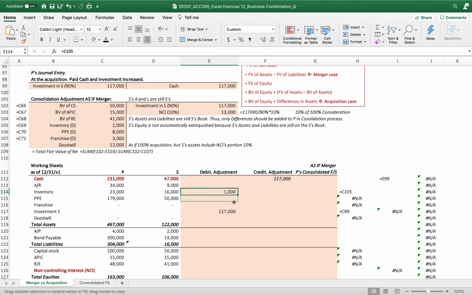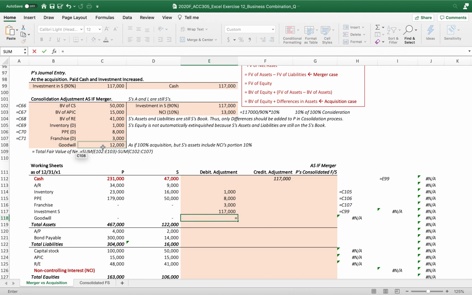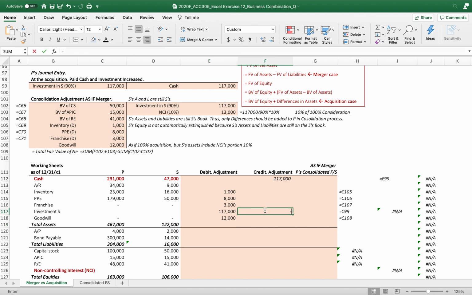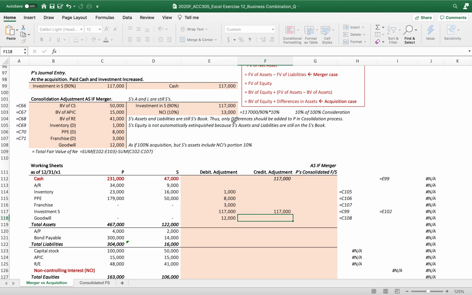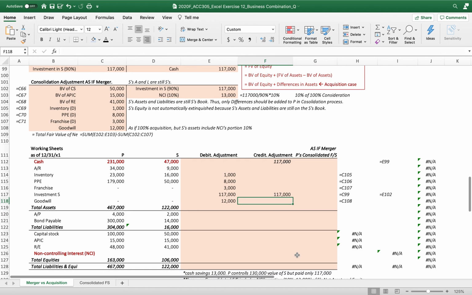Then I put until the franchise, and then the goodwill is $12,000. Goodwill is also kind of different, but it's unidentifiable, the difference. So we include everything, here we go, and then this investment in S, right? And then what else? Do we have any adjustment here?